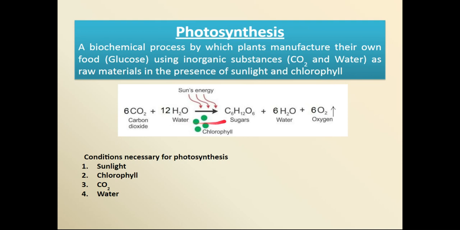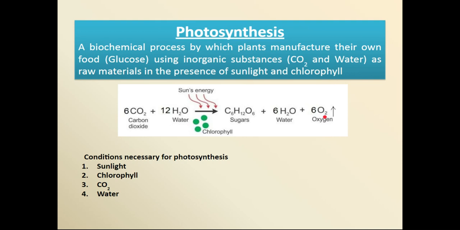The formation of sugar will never happen when there are fewer molecules of carbon dioxide or water. Six molecules of carbon dioxide are combined with 12 molecules of water. Then only the sugar required by the plant is produced, and 6 molecules of water along with 6 molecules of oxygen are released.